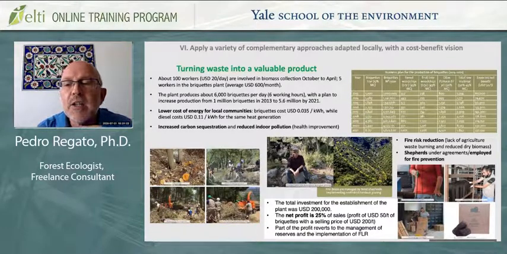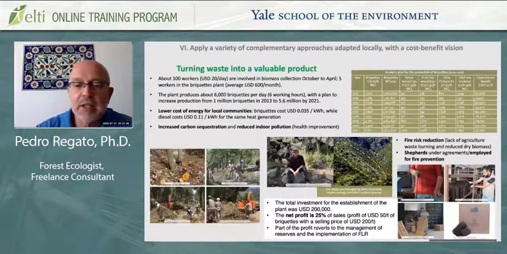So in the last years, fire risk has significantly reduced. Also, the project promoted the development of agreements and employment of shepherds for fire prevention. So this was an additional opportunity for income generation, or for making use of natural resources, for local shepherds.